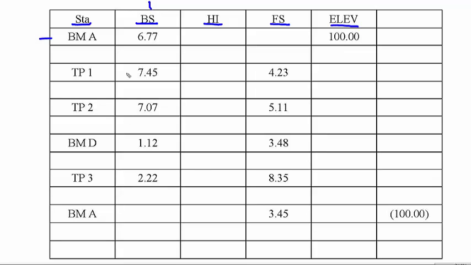So the very first reading that we collect is this one here, 6.77, and it is a backsight on benchmark A. How do I know that? Well, it's in the backsight column on the benchmark A row. This reading of 5.11 right here is a foresight. Notice it's in the foresight column and it's on the turning point 2 row. Okay, so it is a foresight taken on turning point 2.